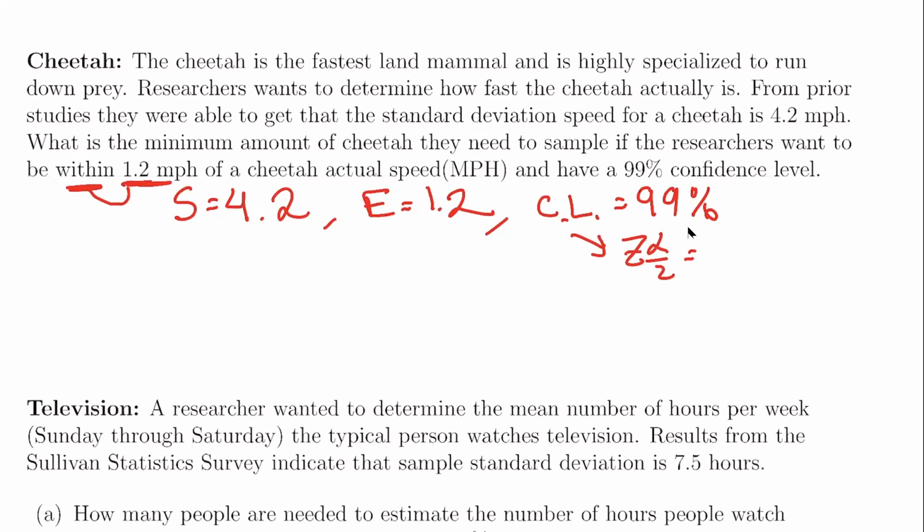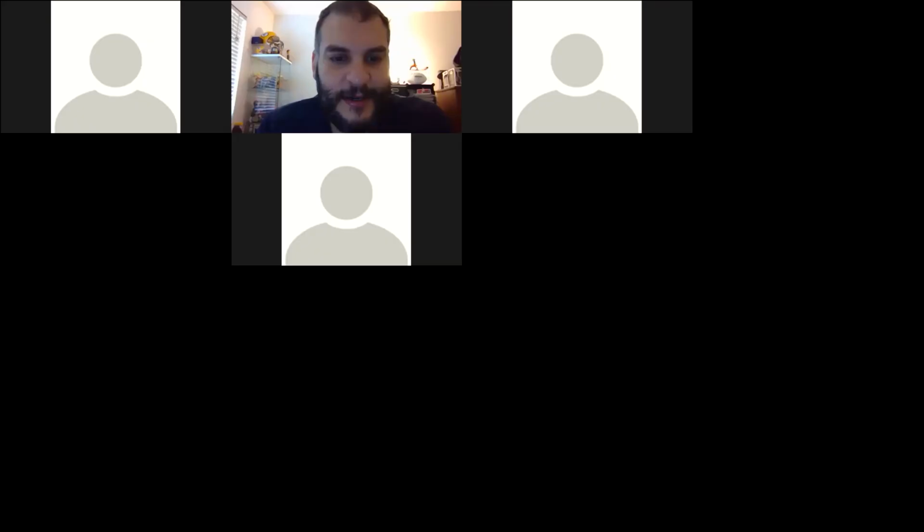Perfect. Okay, so let me go over to the T table, that way we can find the Z value for a 99% confidence level. All right, so the 99% confidence level is right over here. Oh, wait up. I think this thing froze, so let me stop share, reshare.